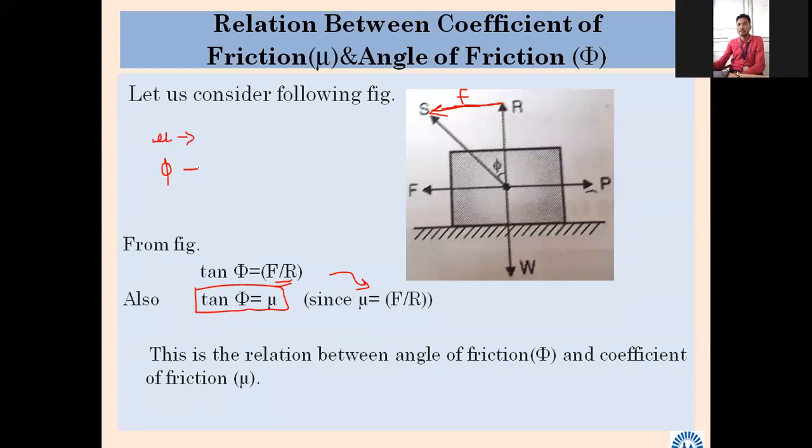Mu is the coefficient of friction, and phi is the angle of friction. What is the relation between them? Tan phi is equal to mu. That also you have to remember. So this relation you should know: tan phi is equal to mu.